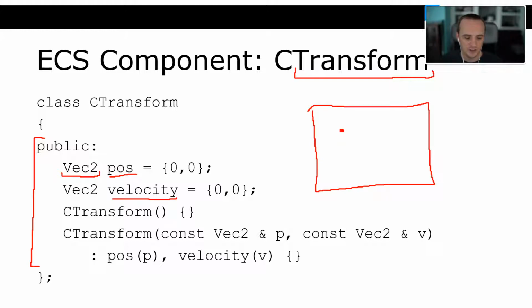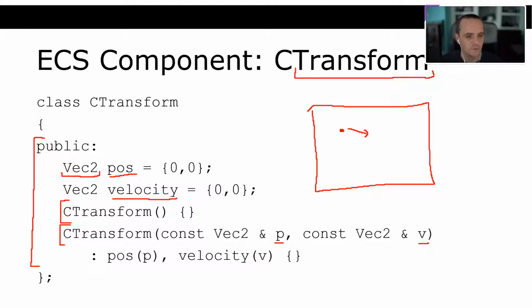And then the velocity component is going to say where I want to be on the next frame. So we would have a default constructor and a constructor that takes in these parameters. So for example, if I want to set up a transform component, I could pass it in a position and I could pass it in a velocity, and it would set those components. Now, a Vec2 is simply a data structure which wraps an X and a Y, and the second half of this lecture is actually on setting up the Vec2 class.